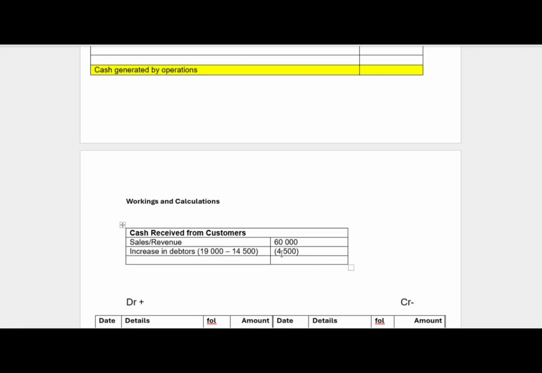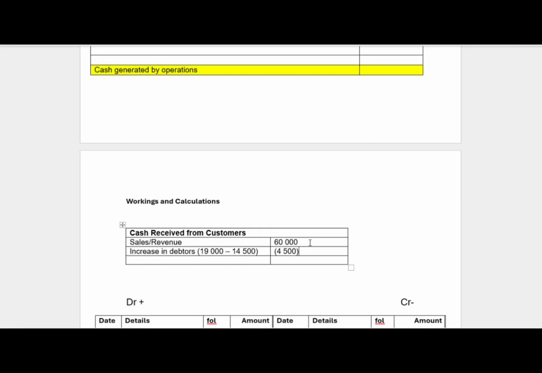That is your increase or change in debtors, which is an outflow, right? We call it an outflow, and we are subtracting it because it is there in the sales and it's not a cash item, because there was no cash transaction that took place, but we made a sale on credit. Therefore, it is included in the sales. We are taking it out.